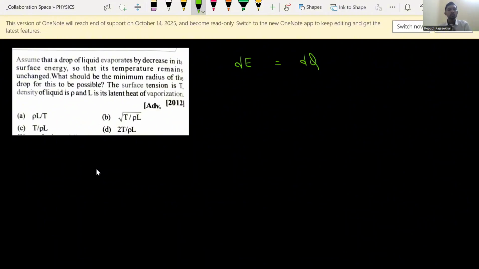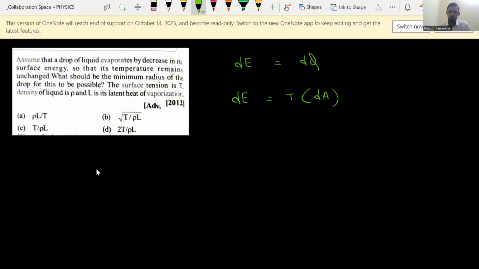I repeat, why we have to take it like this? Because the energy released by the decrease in surface energy is utilized for the vaporization process. So dE, how to write the dE value? Surface energy equals surface tension into small change in area, that I am taking as dA.